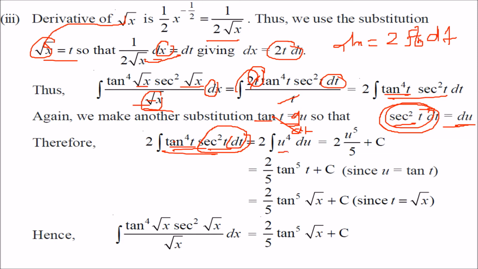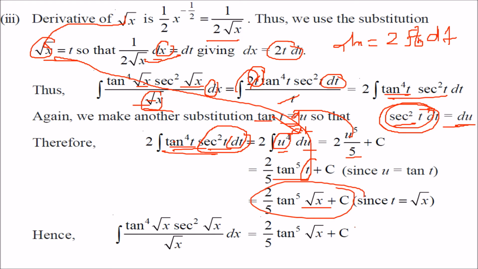So this will be u to the power 4 du, and we know the integration of this is u to the power 5 by 5. Now u we have taken as tan t, so replace it by tan t. But t we have taken as root x, replace it by root x. This is your final solution. And don't forget about this c.